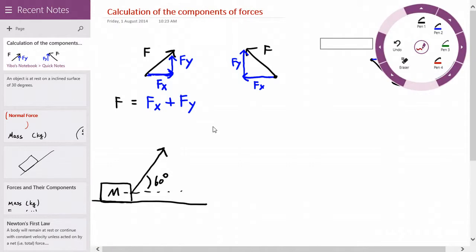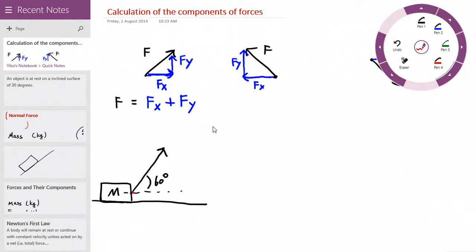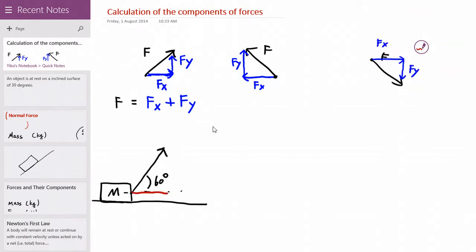Now, what I can always do is break this force, let's make it a 100 Newton force. I can always break this 100 Newton force into Fx and Fy, horizontal and vertical components.